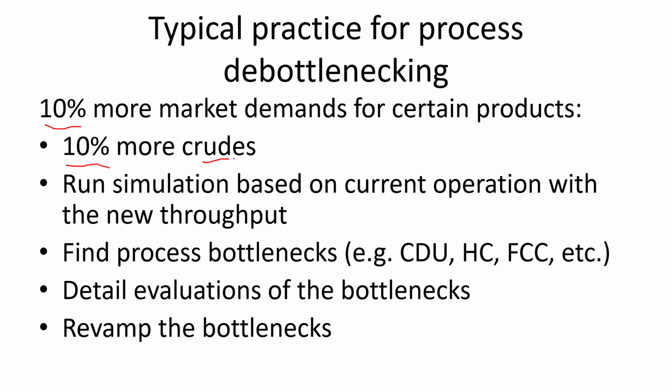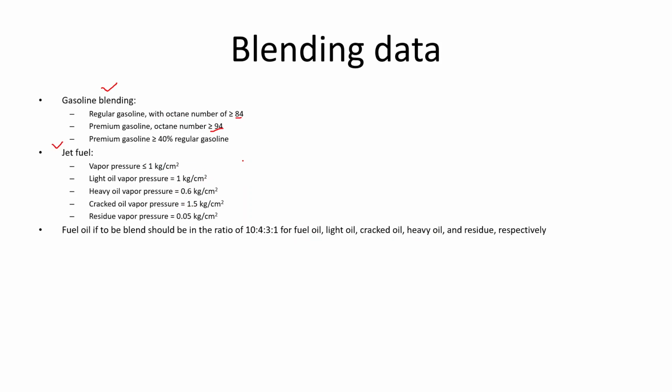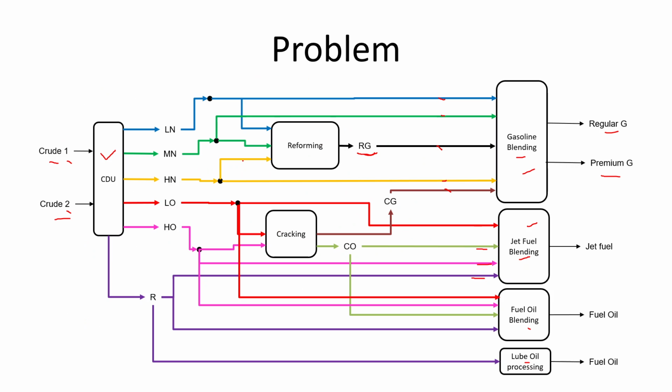So more crude to process, which, in a way, makes sense. You want to have 10% more output, put 10% more input, like in this case. So if you want to have 10% more regular, you put 10% more of that, as simple as that.